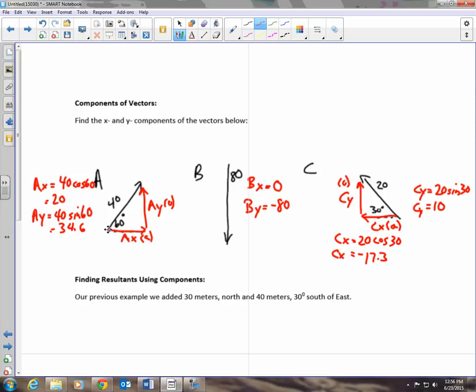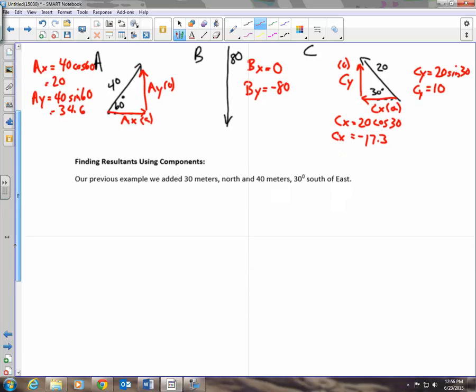Now, we can use the components to find the result. Okay? And again, this should be sort of a review. Previous example, we had 30 meters north. And then 40 meters, 30 degrees south of east.